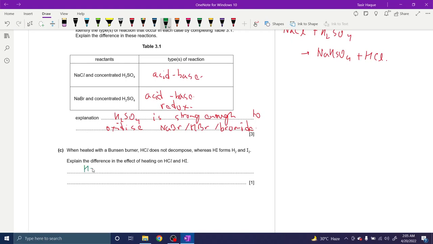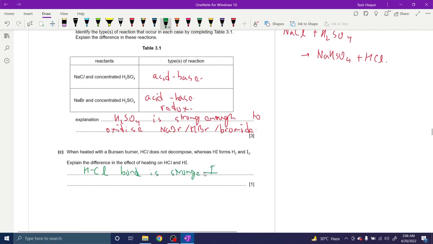Why is that? This is mainly because the HCl bond is stronger than HI. Or you could say the bond dissociation energy decreases down the group. This is also fine.